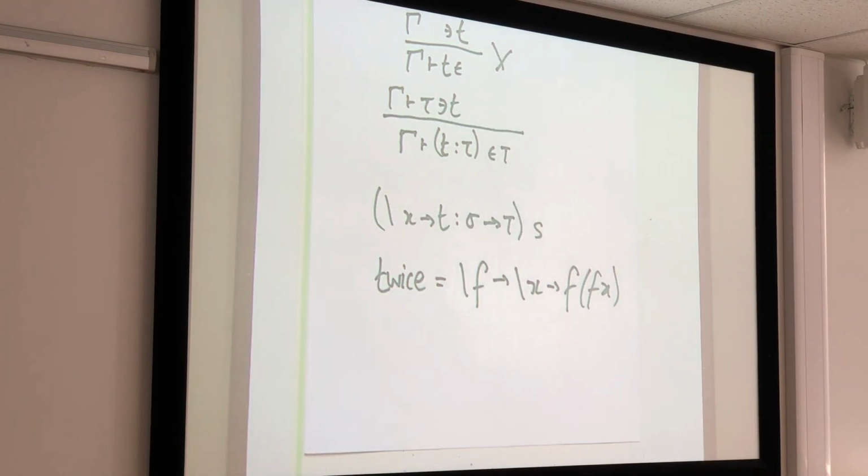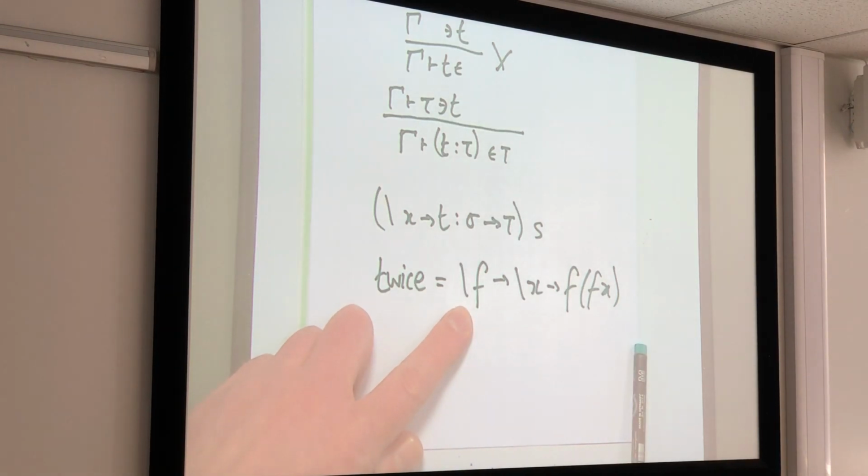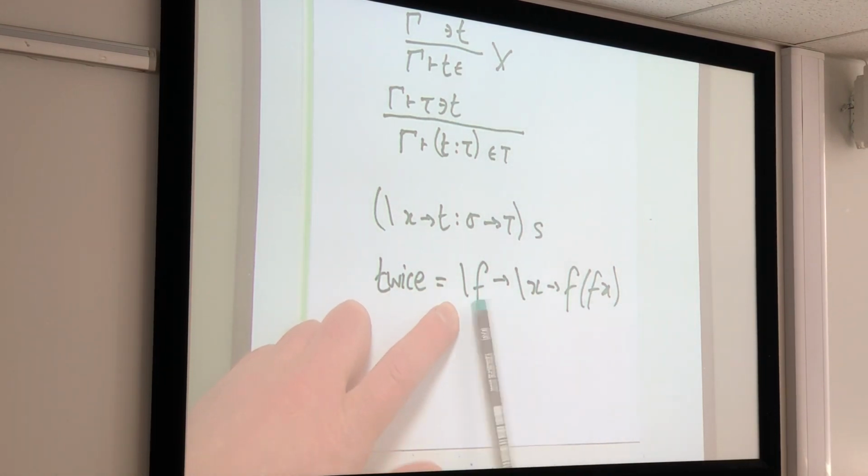We don't want to write out massive formulae, so we allow ourselves to make definitions. And you'll notice that the body of this definition has no beta redexes in it. The body of the definition is a normal form.